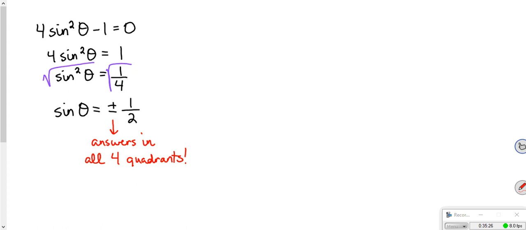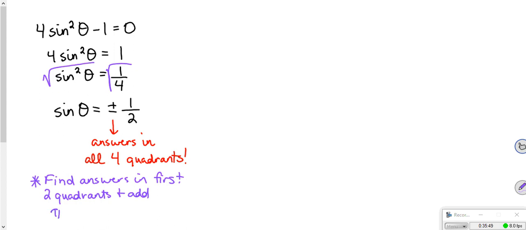So we are going to find answers in the first 2 quadrants and add pi k instead of 2 pi k.